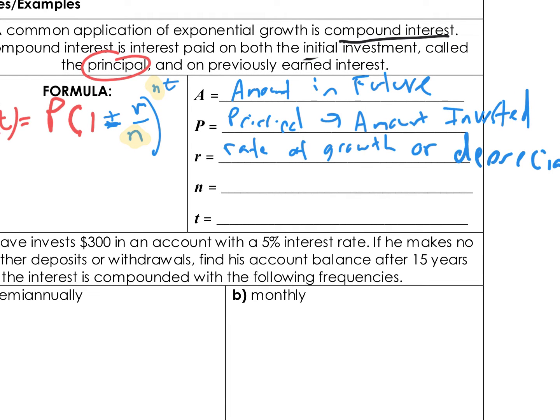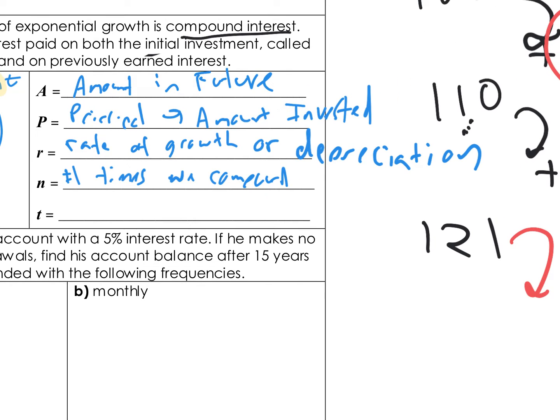N is the number of times that we compound in the time frame. You'll see what happens, why that changes.